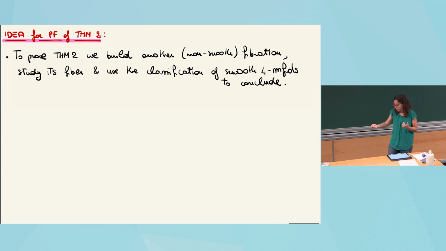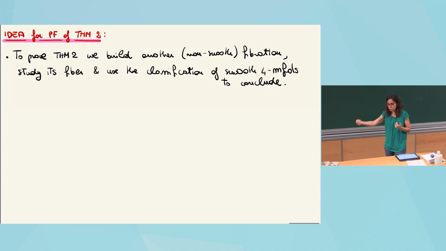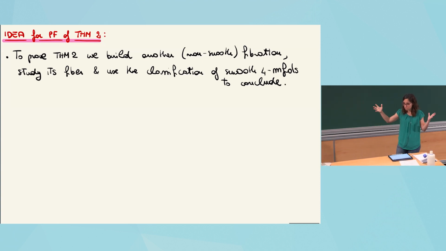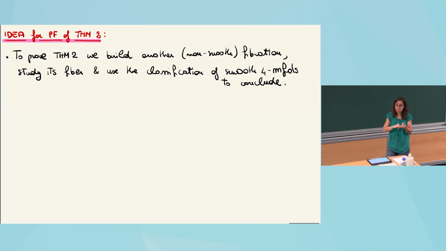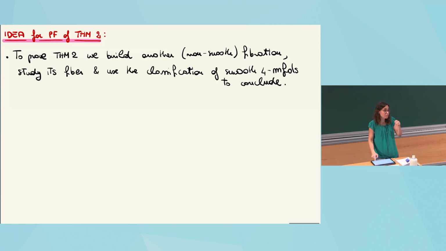The fiber that we get is not a manifold, is not even an orbifold, it is a bad space, but it is concrete enough that what we need to know, that is its homology and this intersection form, we can calculate and then use the classification of four-manifolds.